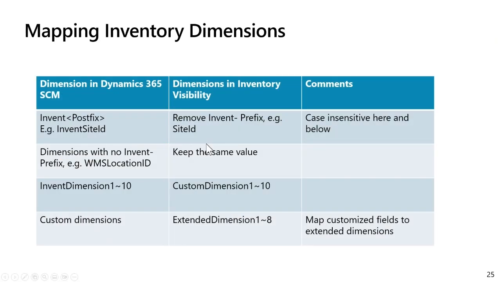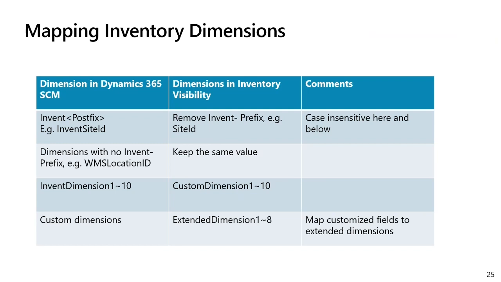So here is a table of the mapping rules for inventory dimensions. We have different dimensions in Dynamics 365 supply chain management. For the dimensions with the Invent prefix, for example, InventSiteId, they are mapped to inventory visibility service by removing the Invent prefix.